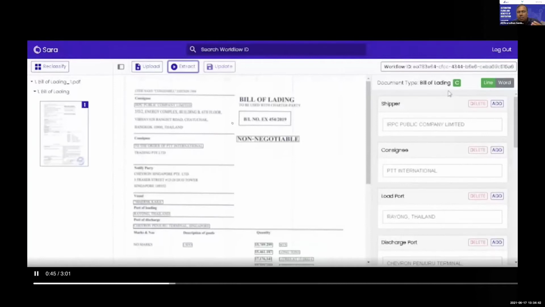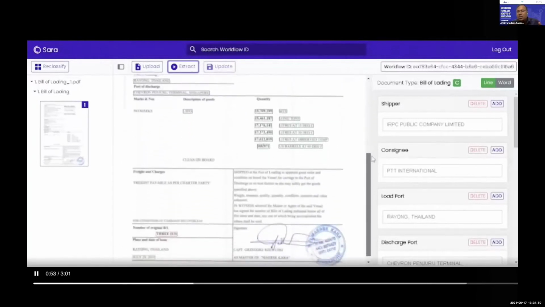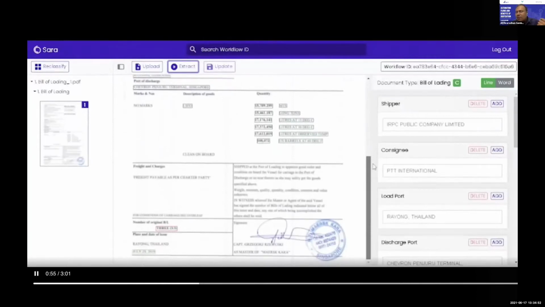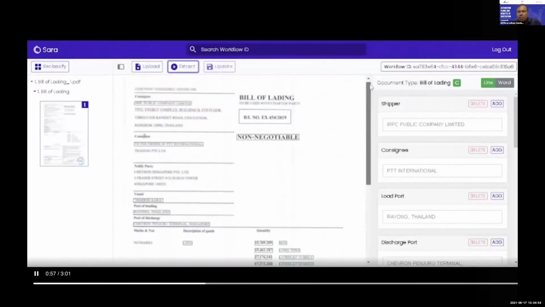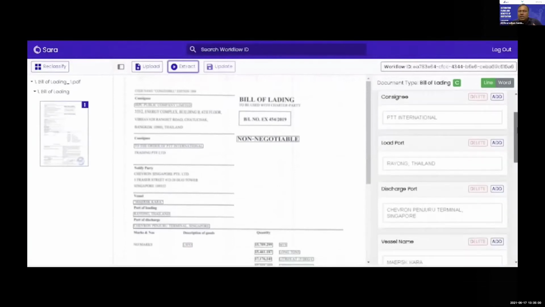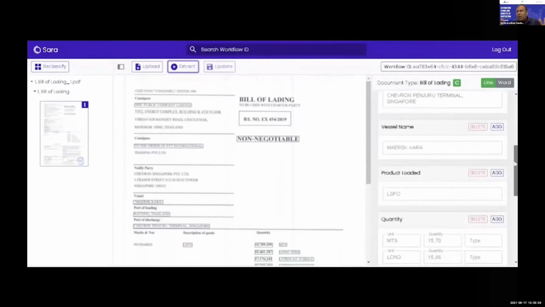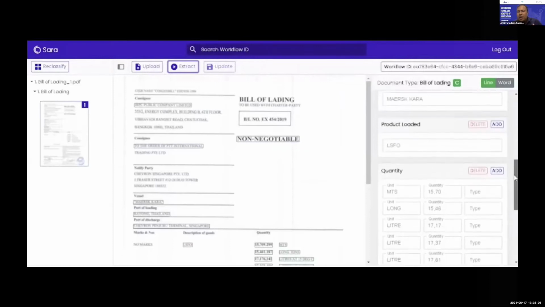It is able to pick up very important pieces of information from the document directly. As it does it, it helps the end user navigate and understand exactly where it derived that information from by providing helpful bounding boxes, which clearly tell the end user where Sara identified that piece of information. And all of this without any training that has to be done by the end user.